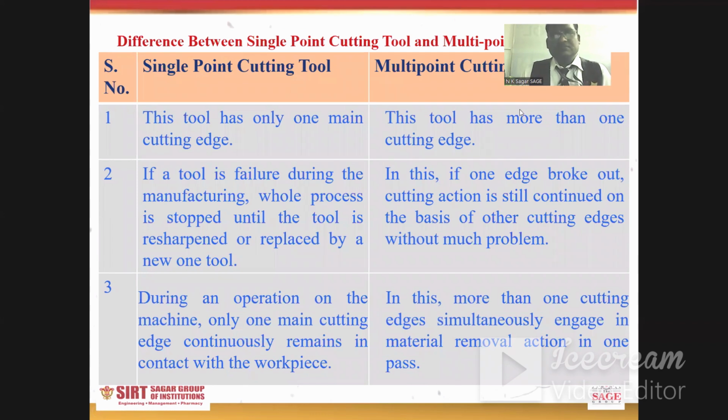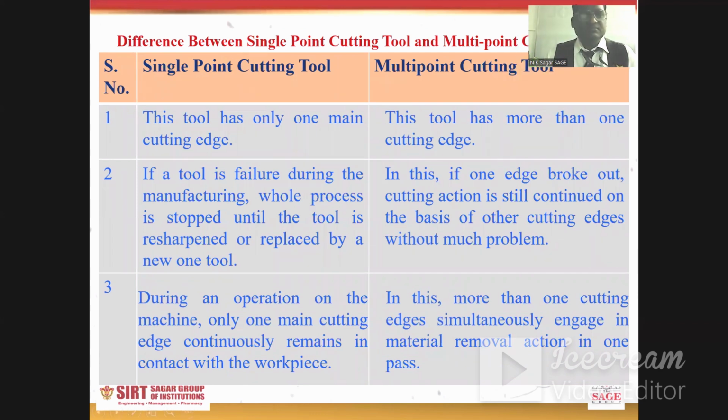Now we discuss the difference between single point cutting tool and multi-point cutting tool. What is the difference? In a single point cutting tool, there is only one main cutting edge that plays its role during the operation, and that cutting edge removes excess material from the workpiece.